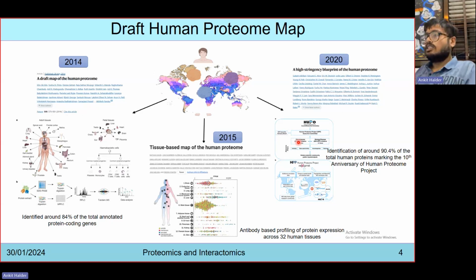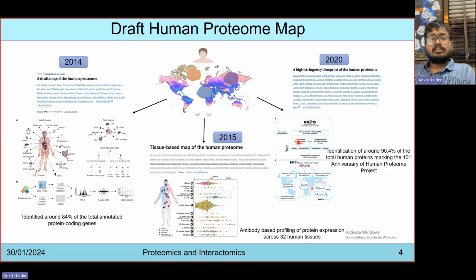They had launched the Human Proteome Project in 2010, and in 2020 they published that they could identify around 90.4% of the total human proteins. This also marked the 10th anniversary of the Human Proteome Project, and showed that around 90.4% of the proteins finally could be identified.